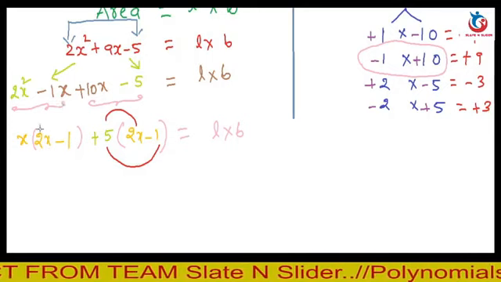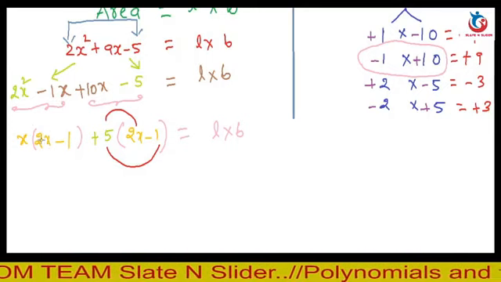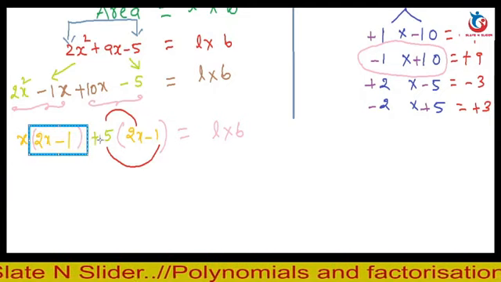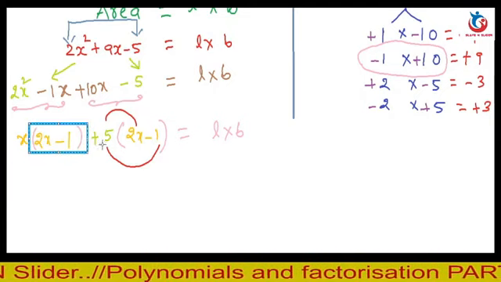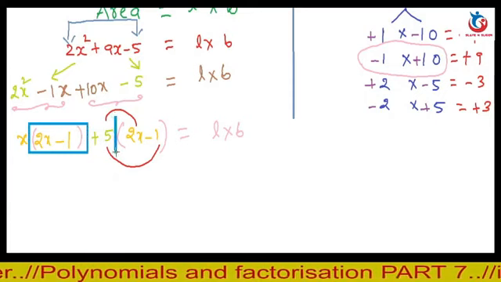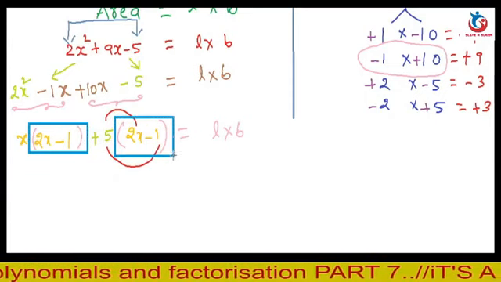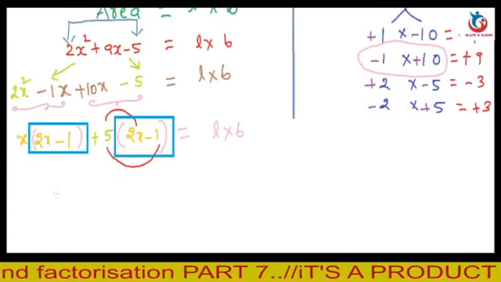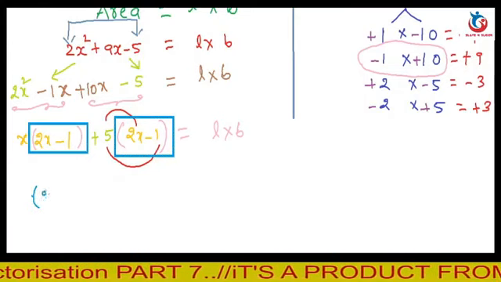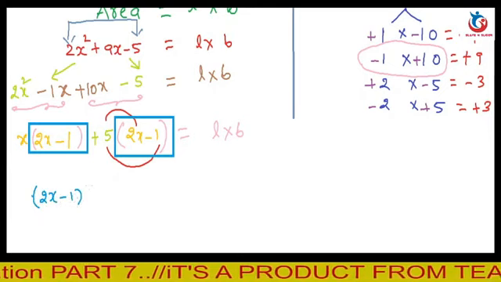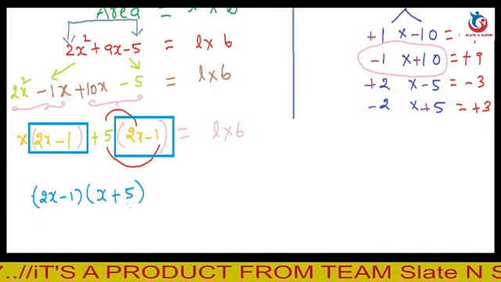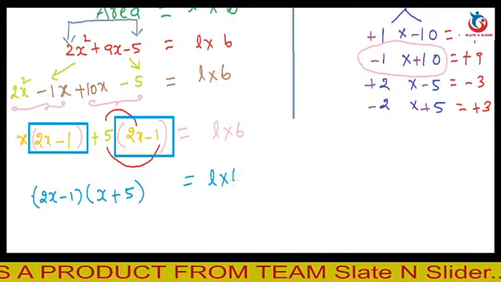So we get 2x minus 1 into, here x remains, x plus 5, that is equal to L into B.